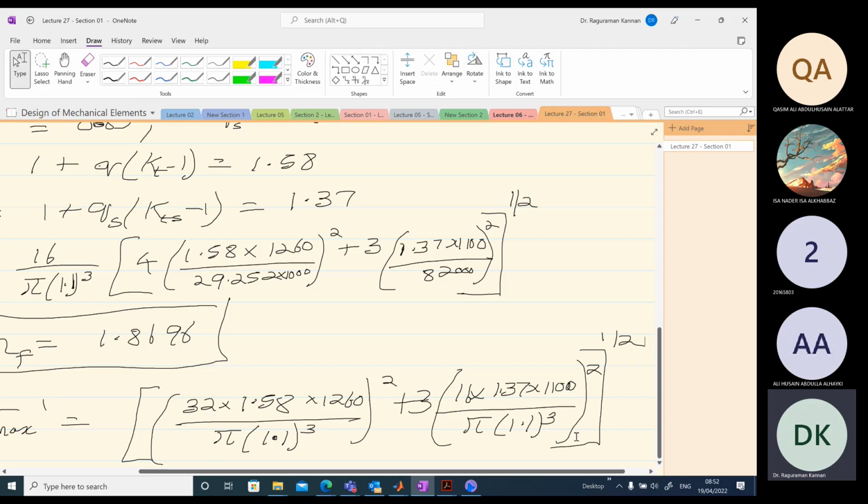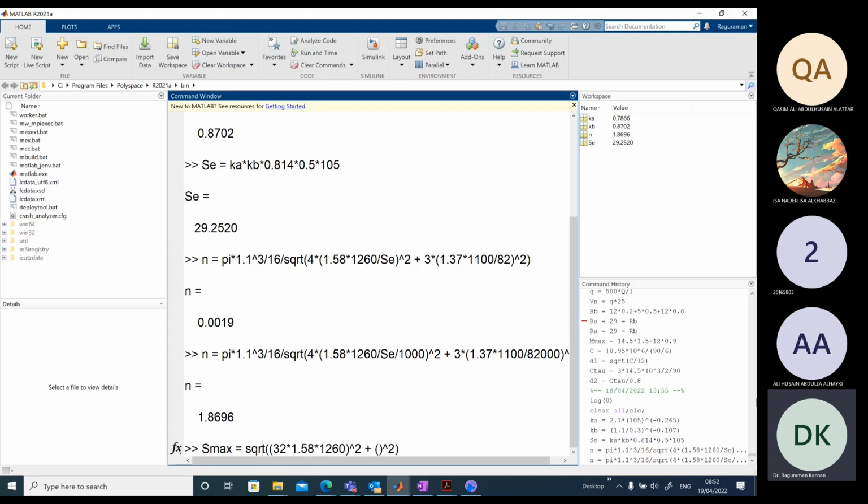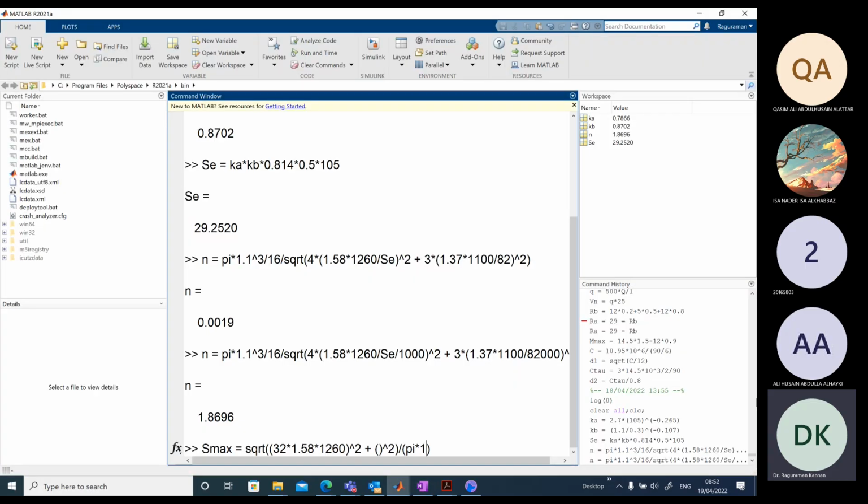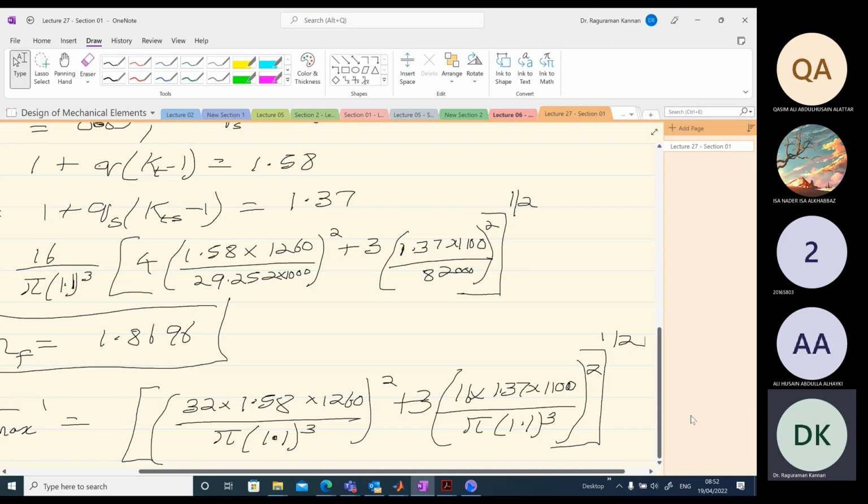The square is inside the square root, so we can take it outside commonly, and if I take it outside the square root, I will just have here pi times 1.1 cube. Okay.